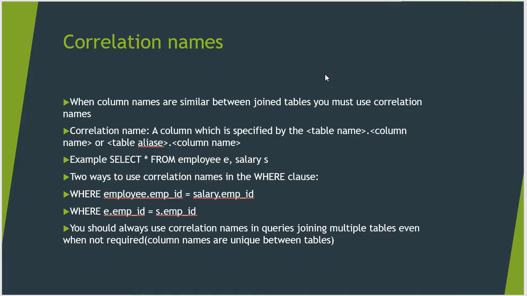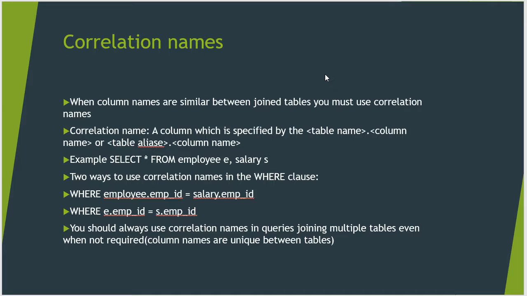You could also abbreviate the table name. We've done this in class where you typed in the table name followed by space and a 1 or 2 letter abbreviation. So as you see some examples, we could do select star from employee with an abbreviation E, and salary S, where S is the abbreviation for salary.